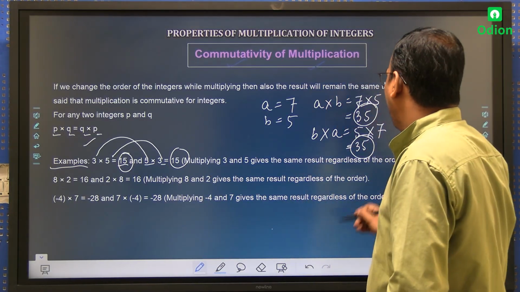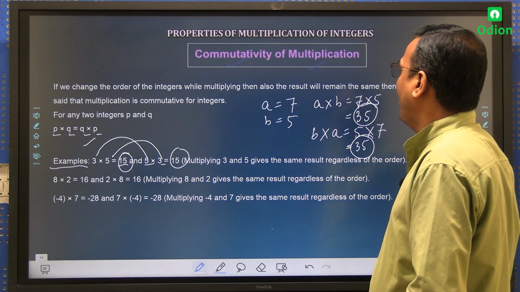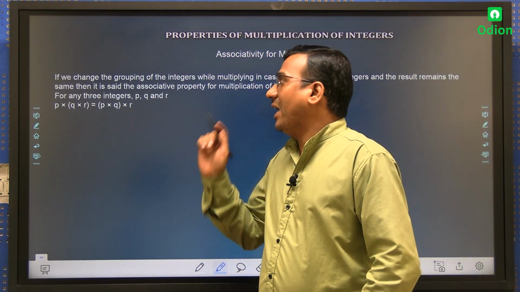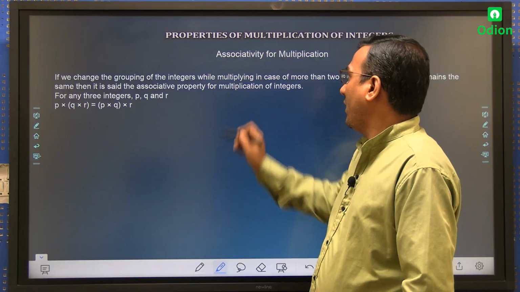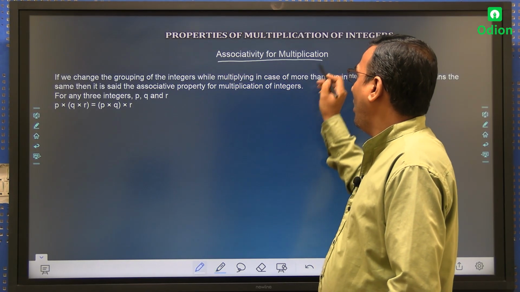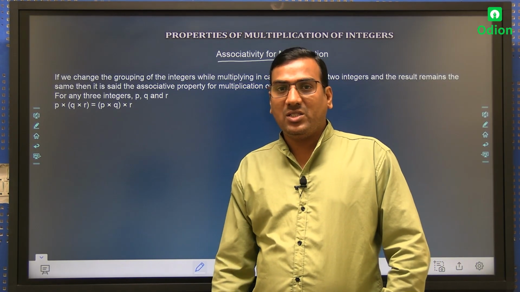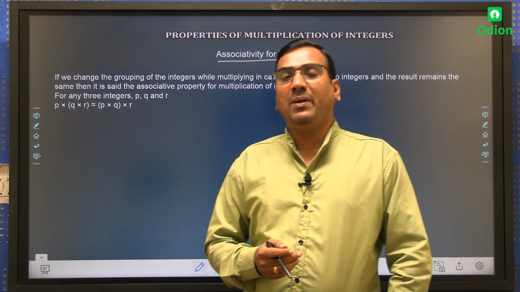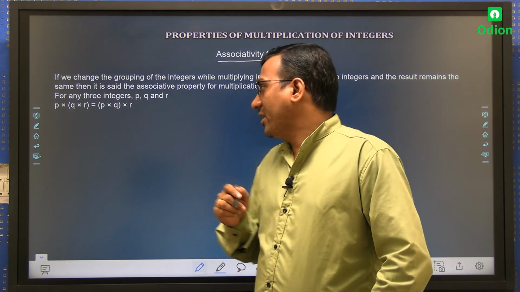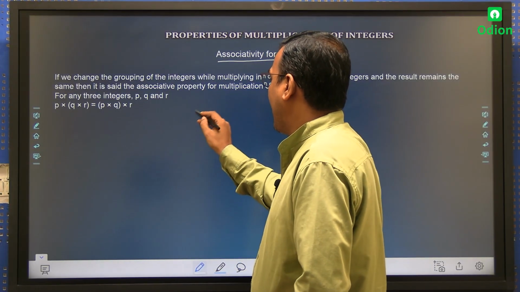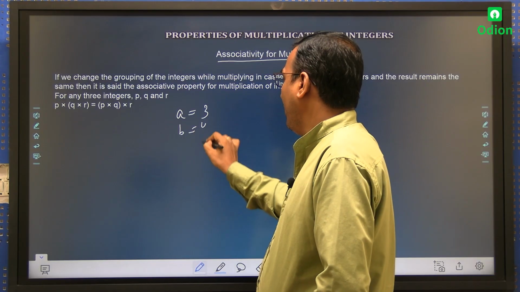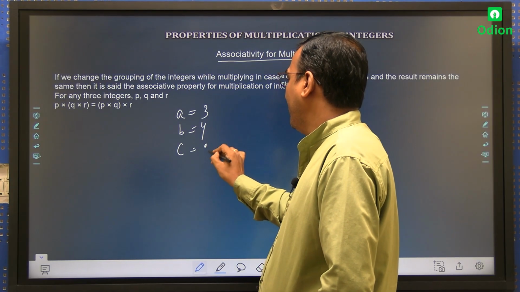Okay students, then go for the third property. Multiplication also follows this third property. The name of the property is the associative property of multiplication. What does it mean? Suppose I am going to multiply three digits. Let us take an example. Suppose the value of A is 3, B is 4, and C is 2.